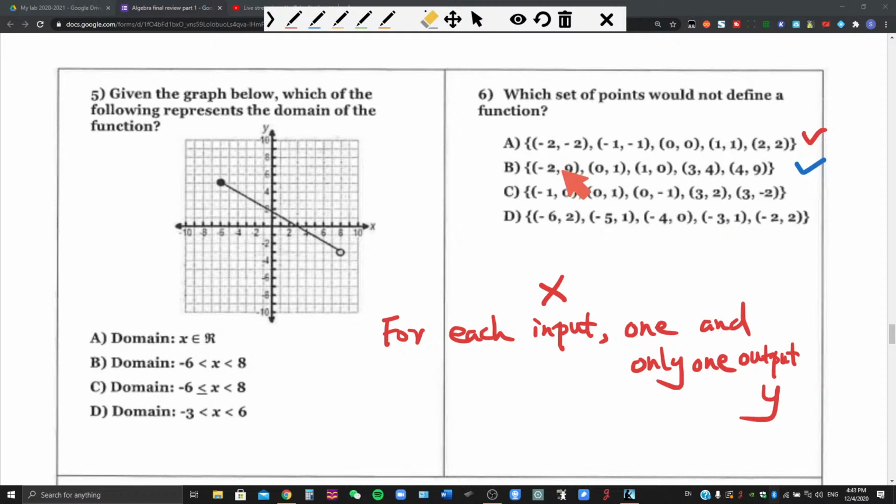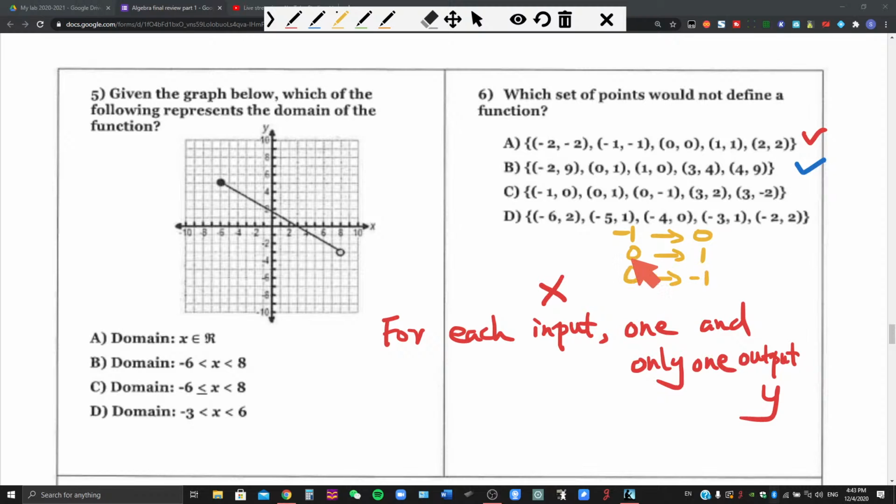Let's check C. C: negative 1 to 0, 0 to 1, 0 to negative 1. Okay, this should ring a bell to you. For this same input of 0, it has two outputs, 1 and negative 1. And that breaks the rule.